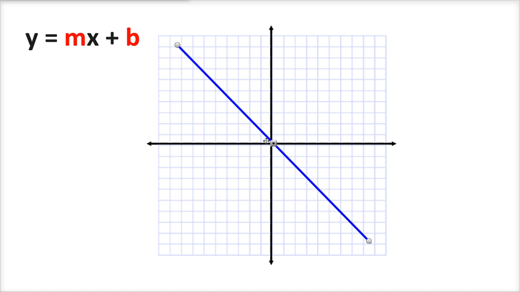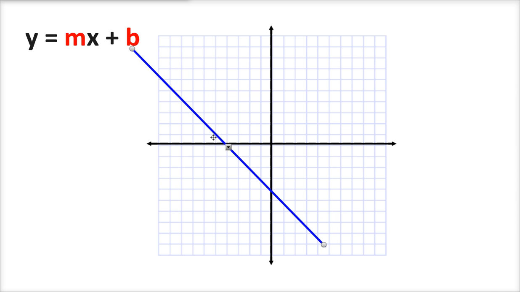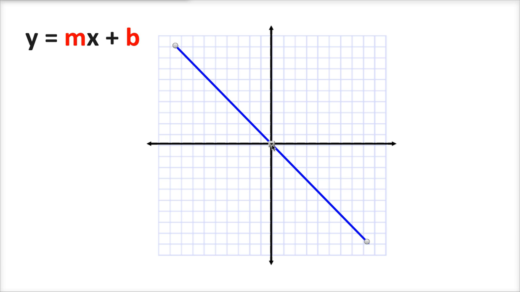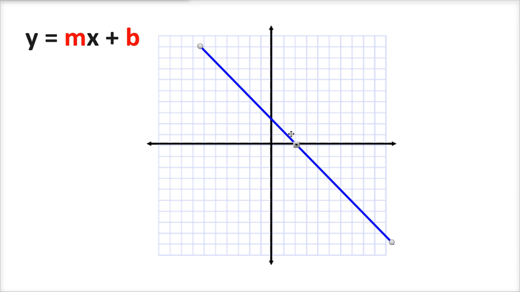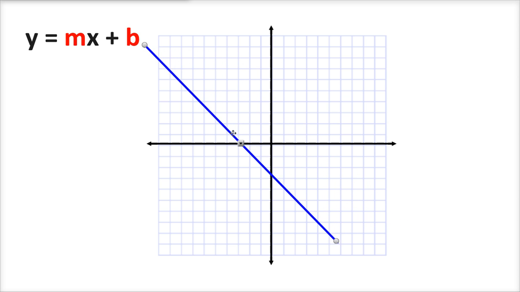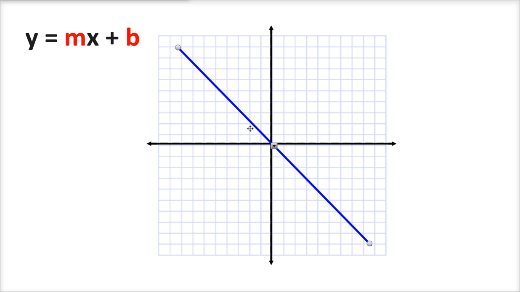And then also, if I decide to move my line left or right, notice that my y-intercept is just changing. The y-intercept is changing when I move to the right or when I move to the left. So any straight line that I can come up with, any straight line I could draw, can be written in the equation y equals the slope times x plus the y-intercept.